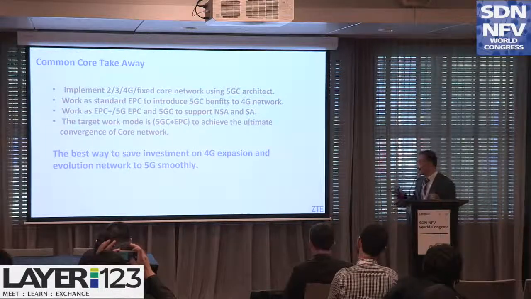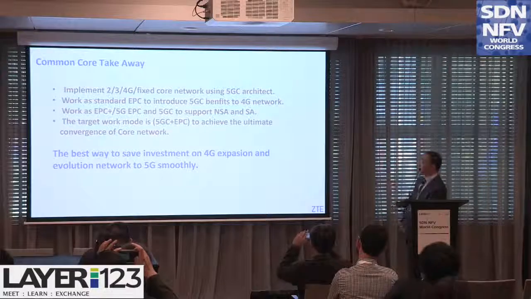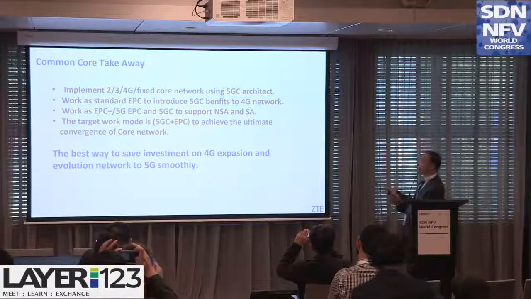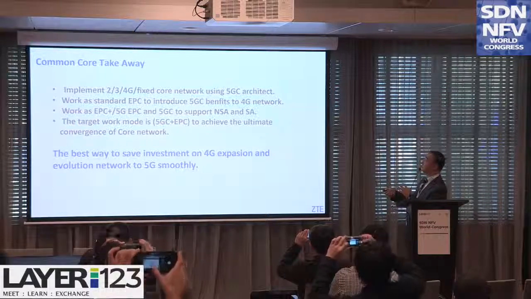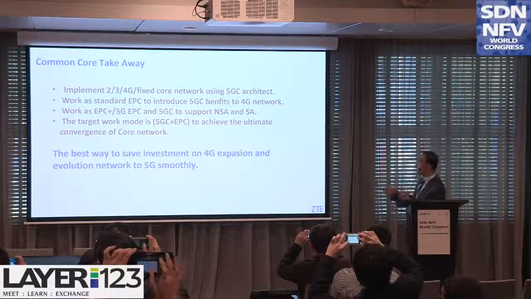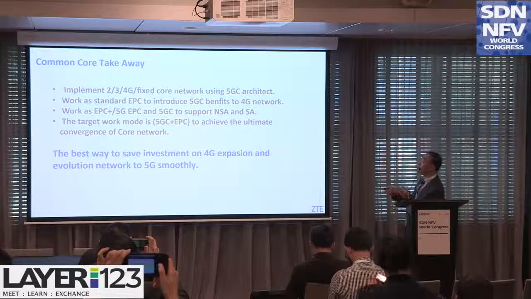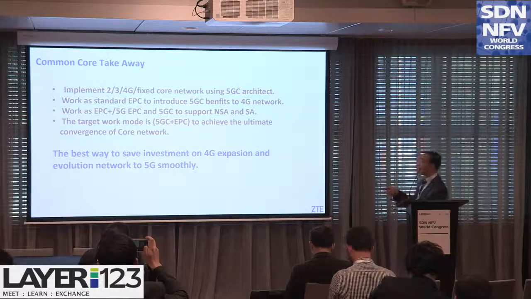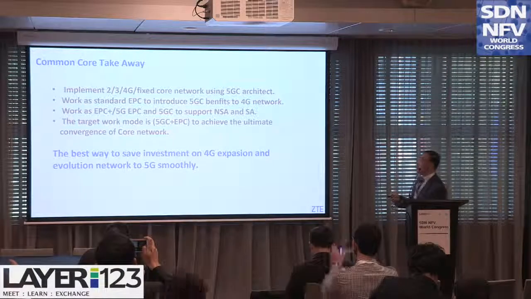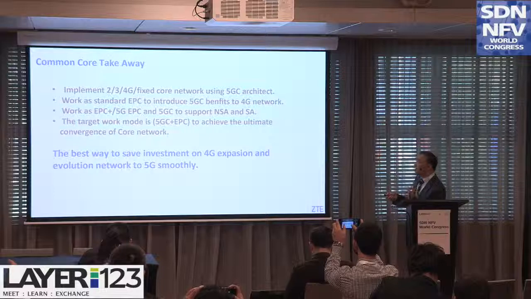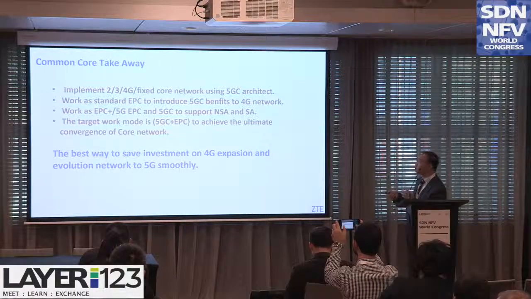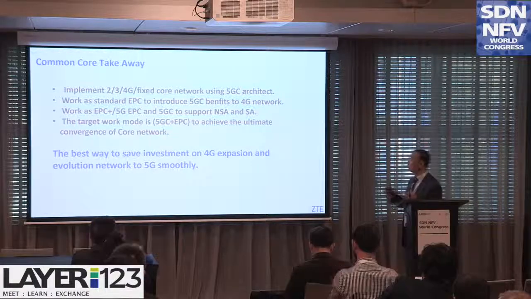Well, let's come to the common core takeaway. So what is common core? It's a standard 5G core architecture, but it implements 2G, 3G, 4G, even fixed core features using the 5GC architecture. Second, it can work as a standard EPC to introduce 5GC benefits to the 4G network.